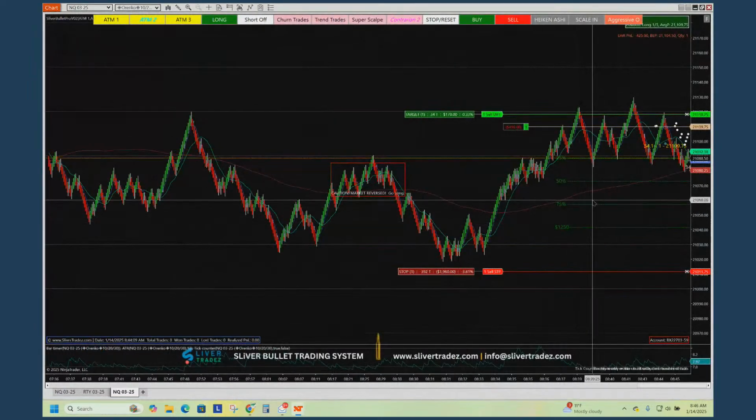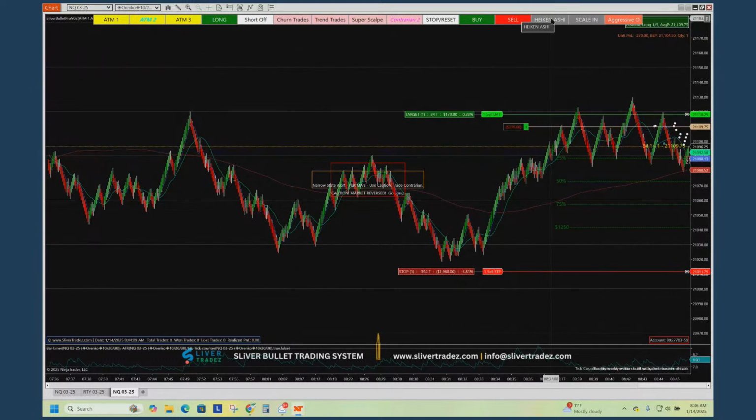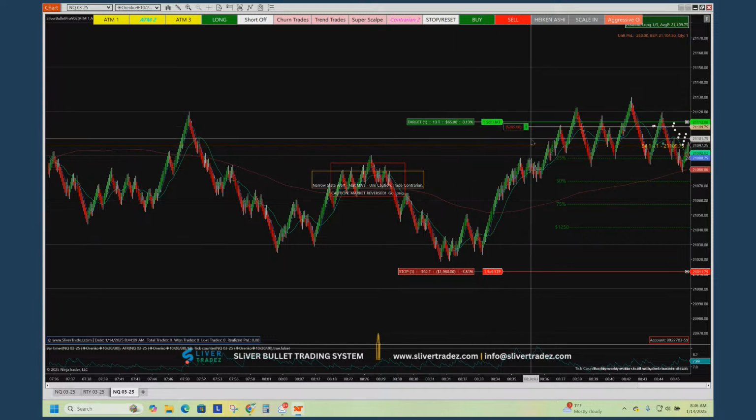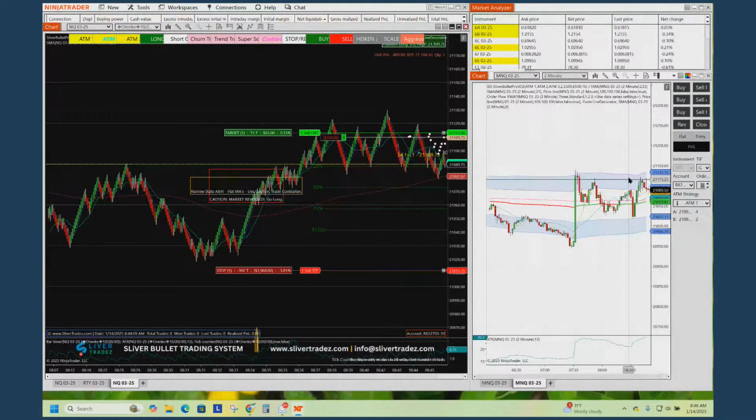All right, so I have measured my level. I will come out for break even if it comes closer to my target. I will close it because the market could turn to the higher side.